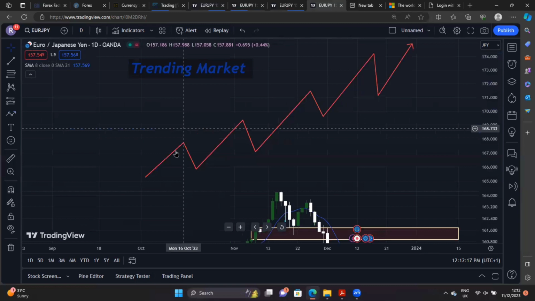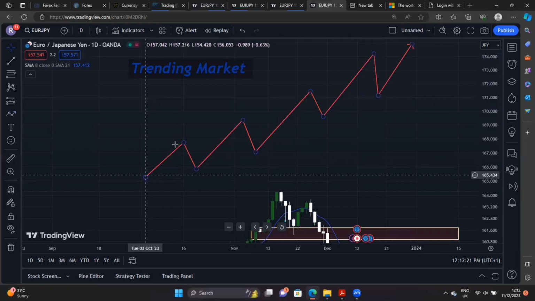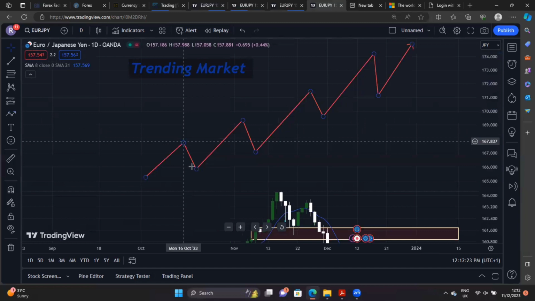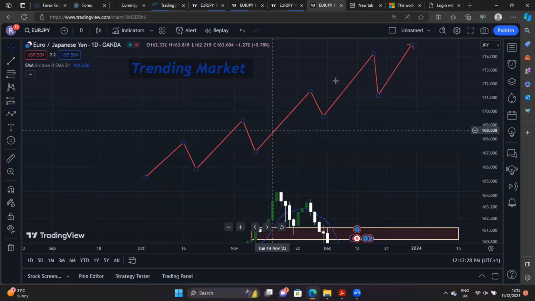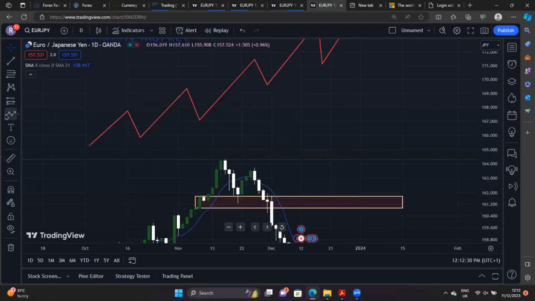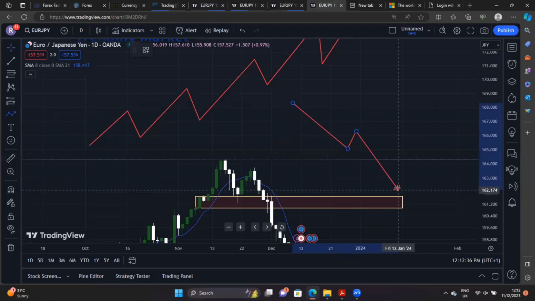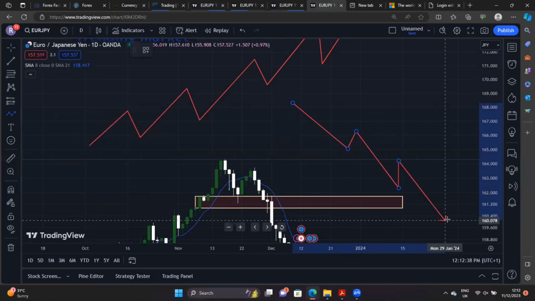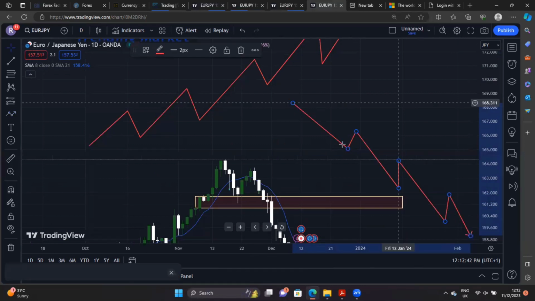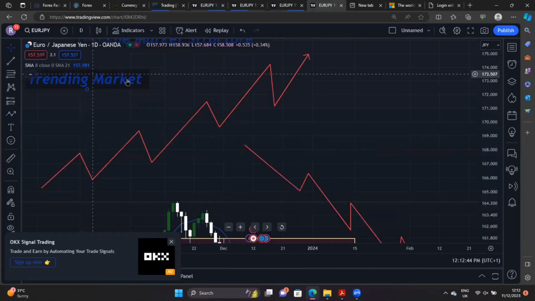And you would also see patterns in this form: lower low, lower high, lower low, lower high, lower low, lower high. These are the two patterns that exist in a trending market.